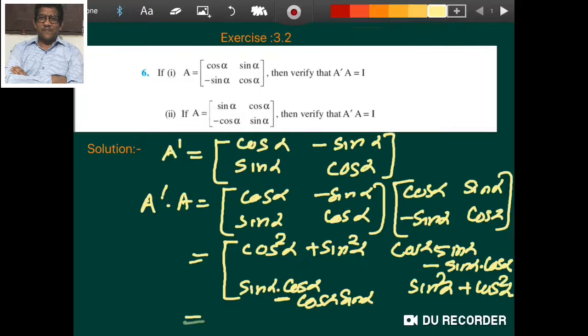Now we know that cos square alpha plus sin square alpha is equal to 1. So we put 1 here, and cos alpha sin alpha minus sin alpha cos alpha cancel out. We get 0. Again it becomes 0, and it is equal to I. Similarly, we can verify part 2.